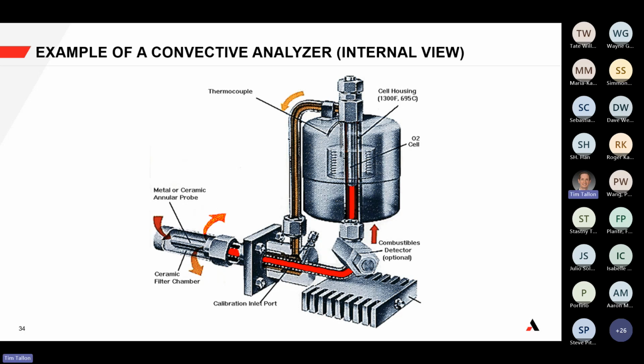That's not something that we've seen as a concern since we've had this design for over 30 years. But I definitely appreciate the question. All of our convective analyzers have some probe and filter combination, so it is important to realize that the convective analyzer certainly has a probe and filter. And part of the reason why it doesn't mix as much is partially because of the pressure differences. That's something else that we've seen.